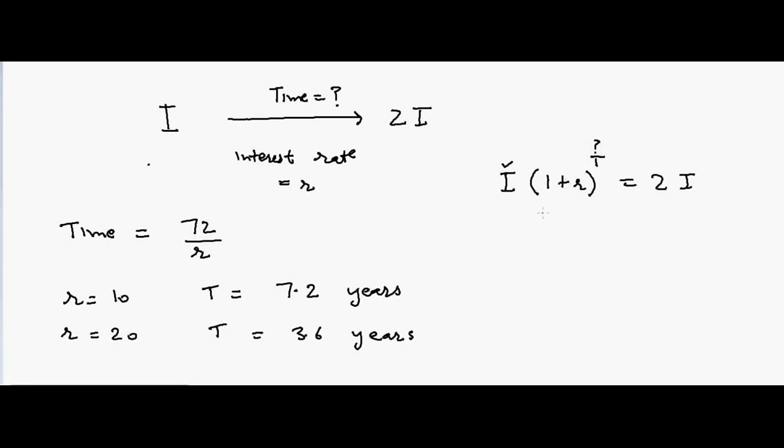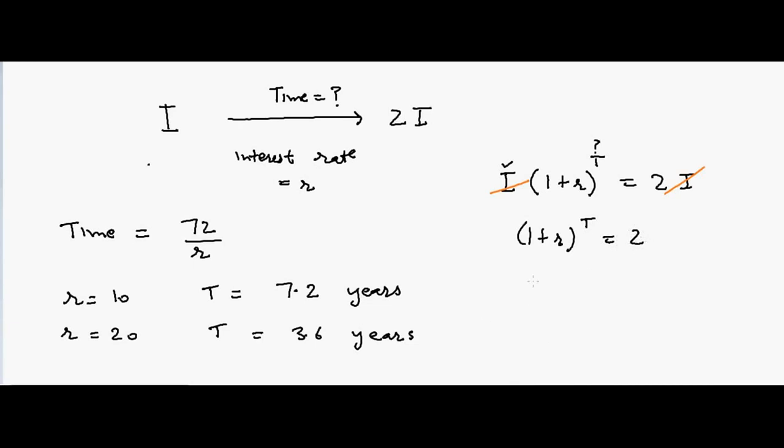Now if we solve this equation, I will be cancelled out by the other I, and then we have (1 plus R) to the power t is equal to 2.